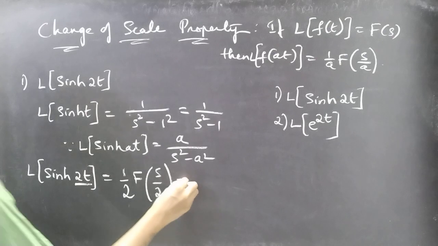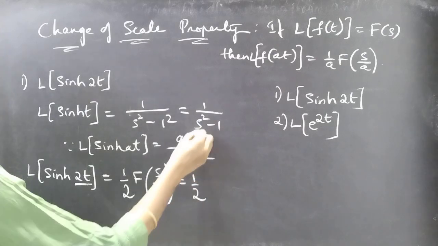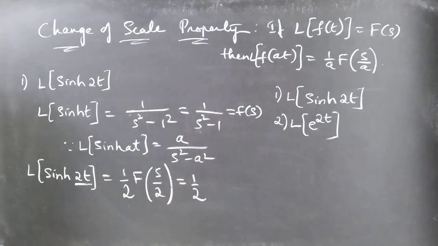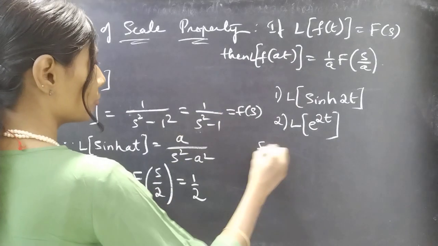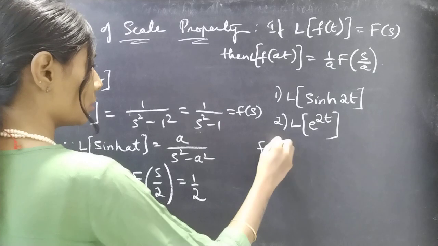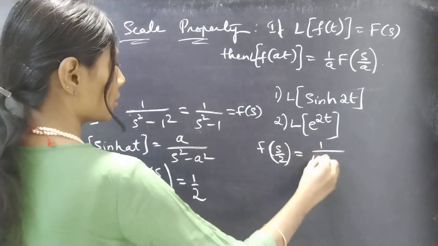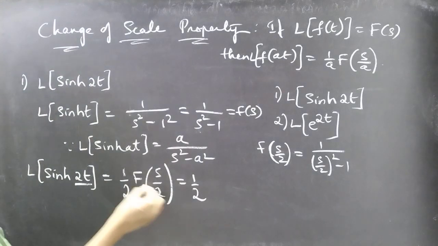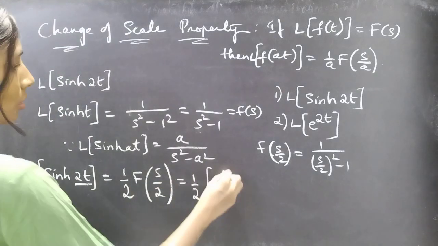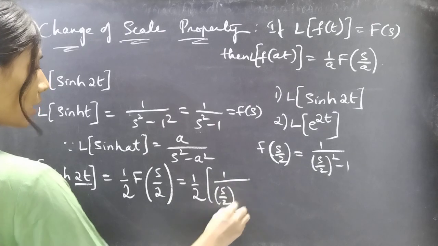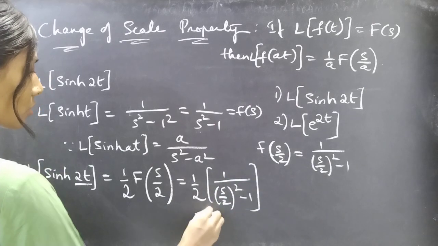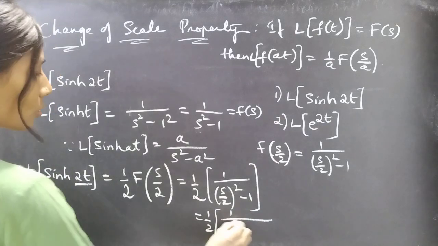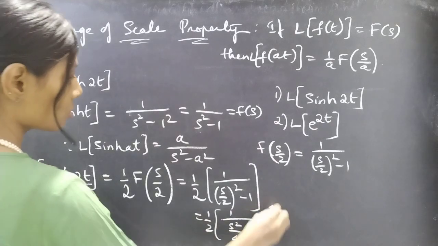Okay, this is equals to 1 by 2 into, so this is our f of s, right? If f of s equal to 1 by s square minus 1, then f of s by 2 will be 1 by s by 2 whole square minus 1, right? So you'll get 1 by 2 into 1 by s square by 2 square is 4 minus 1.